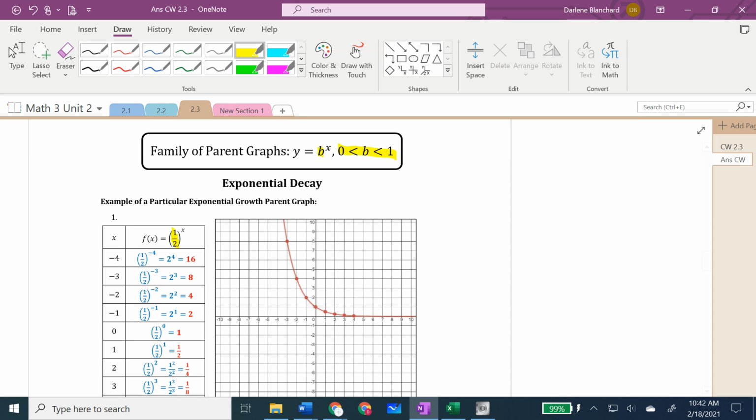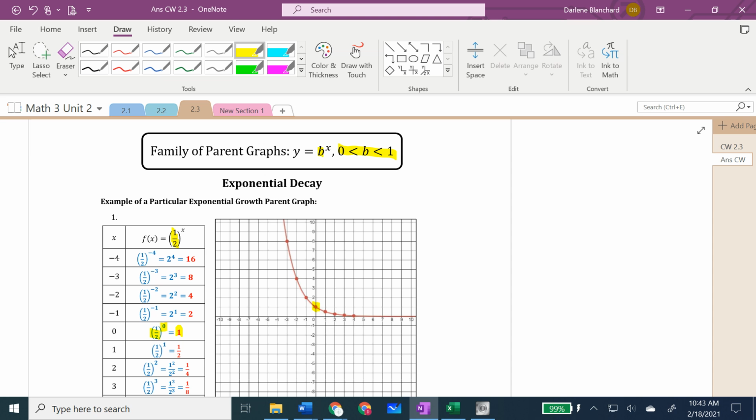And what I want you to see is no matter what the base is, even if it's growth, it goes through this point. They always go through the y-intercept of 1 because it doesn't matter what the base is, with one minor exception that we're not going to talk about.